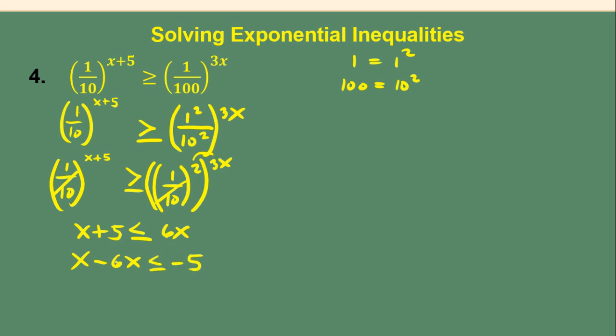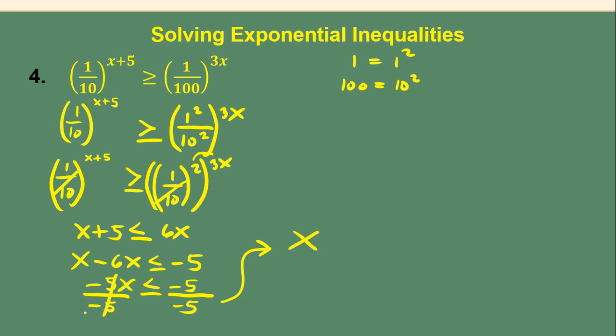So x minus 6x is negative 5x is less than or equal to negative 5. Then remove negative 5 from x by dividing both sides by negative 5. So this is 1, or cancel out. So we have x.